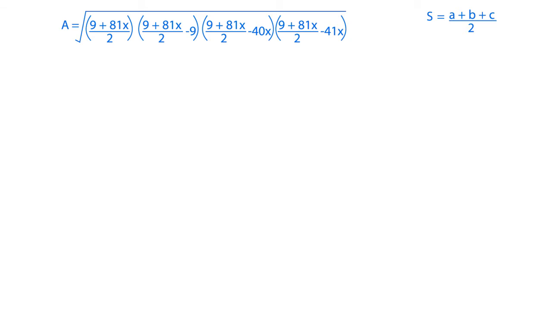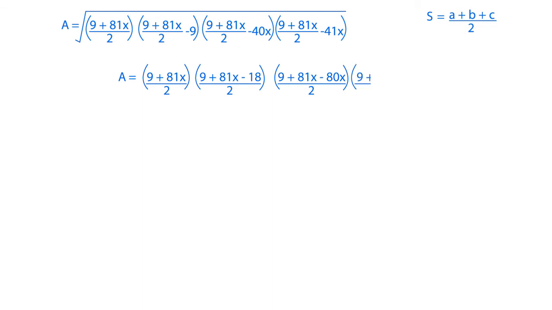Now let's simplify this. We will have (9 plus 81x) over 2, and this one becomes (9 plus 81x minus 18) over 2. This is (9 plus 81x minus 80x) over 2, and this is (9 plus 81x minus 82x) over 2.